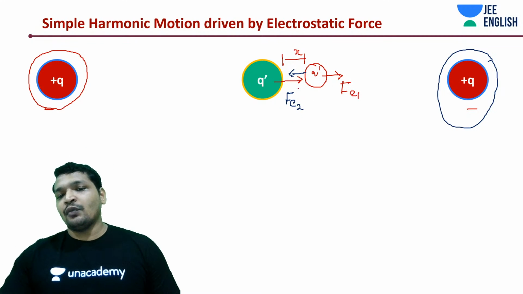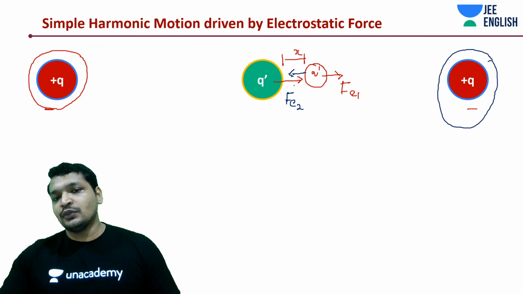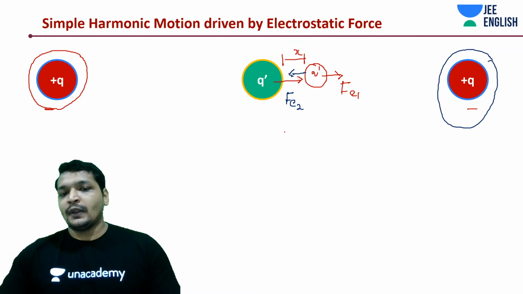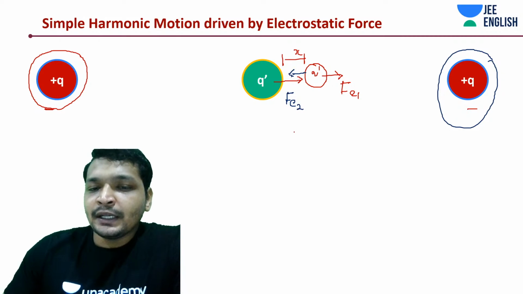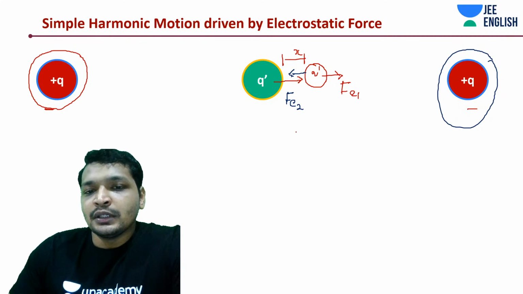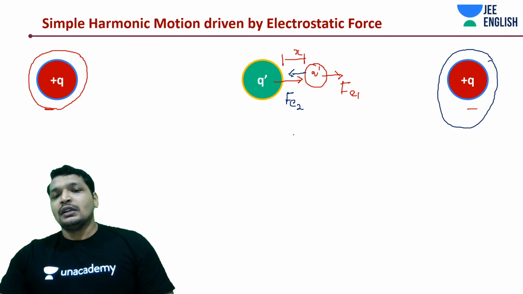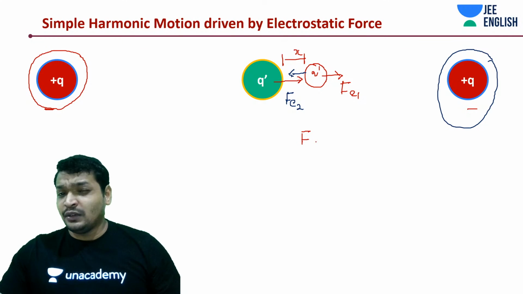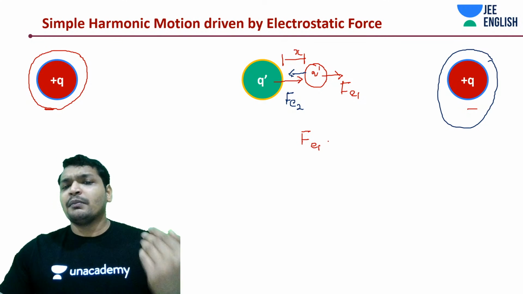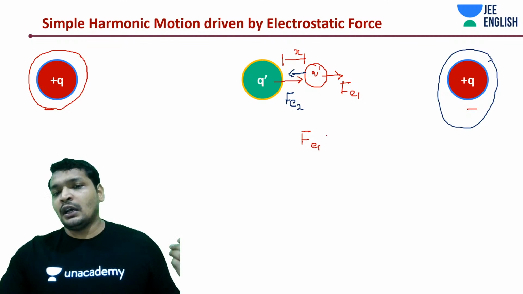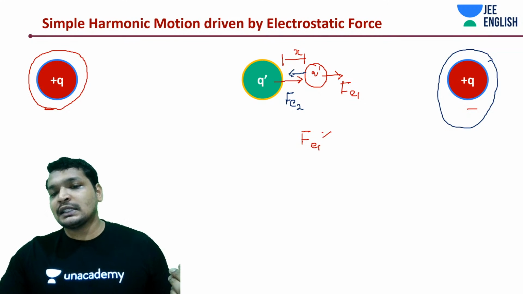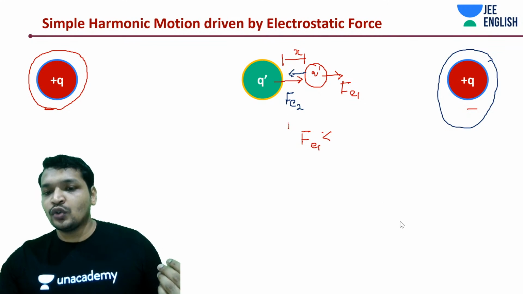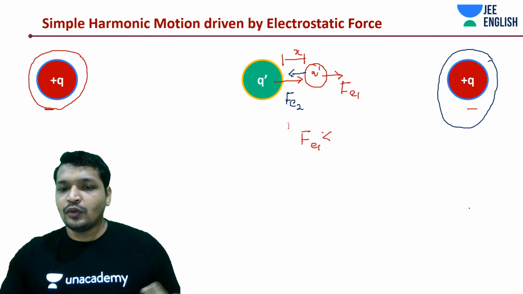And what will happen? This will again move towards until here. Typically, once it is not at rest anymore, it has started moving. At some point, Fe1 should be equal to Fe2, but now what is happening? Fe1 is less than Fe2.